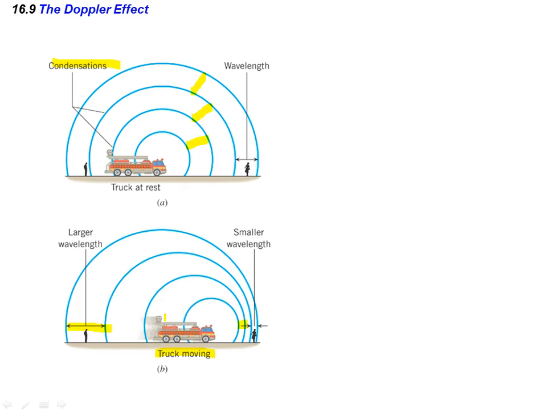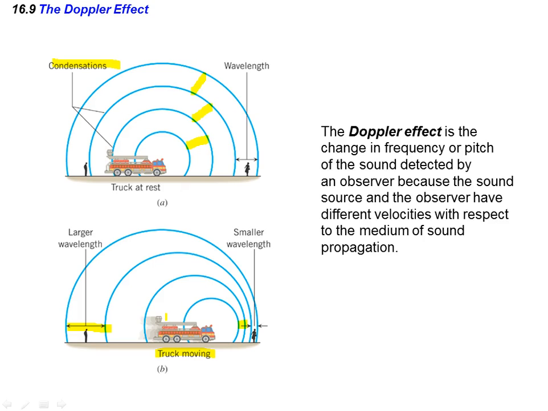How we perceive this, we call the Doppler effect. We see this as a change in frequency. When we have a shorter wavelength, we hear it as a higher frequency, which means a higher pitch.